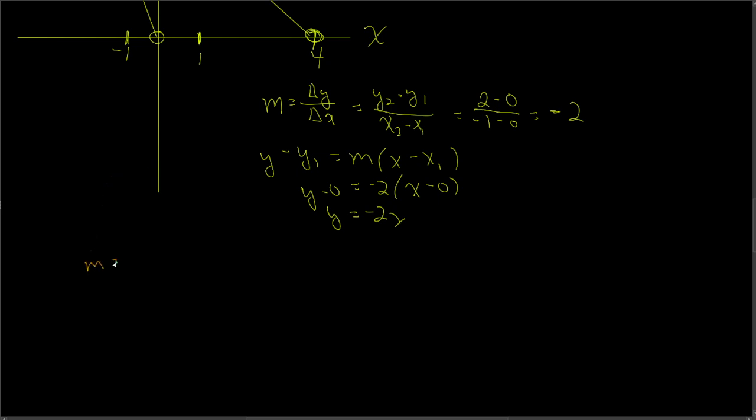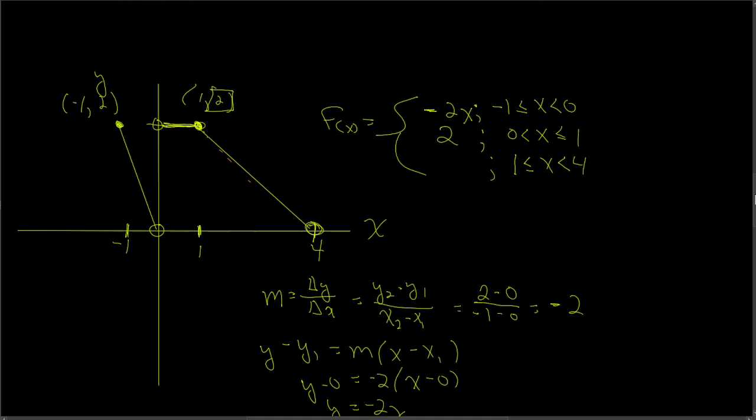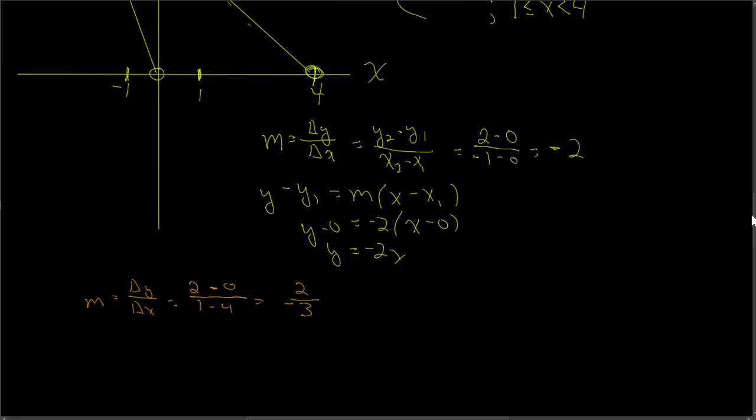So m is delta y over delta x equals 2 minus 0 over 1 minus 4, which equals 2 over negative 3. Let me make sure I'm double checking my points here. 1, 2, and 0, 4.